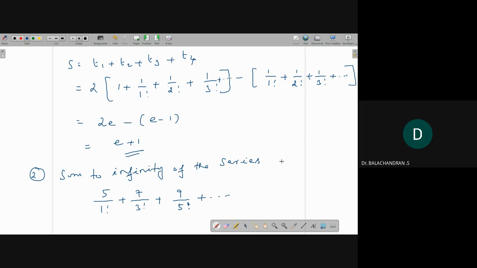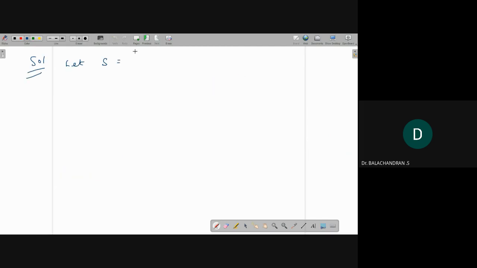Okay, sum to infinity of a series: 5 by 1 factorial plus 7 by 3 factorial plus 9 by 5 factorial and so on. So this is the given series. Next we should find the nth term.